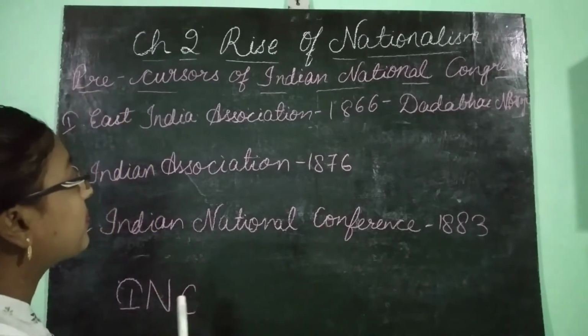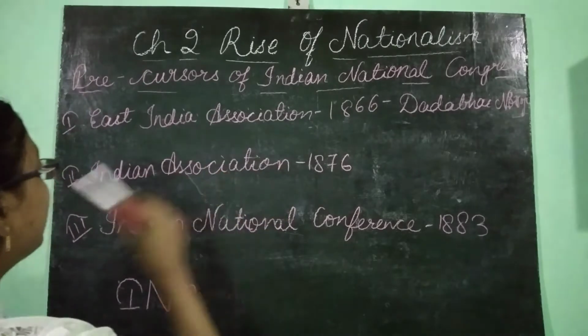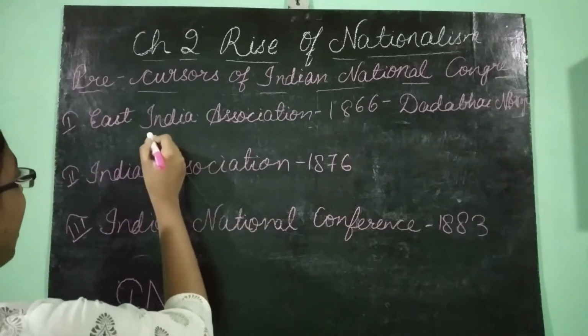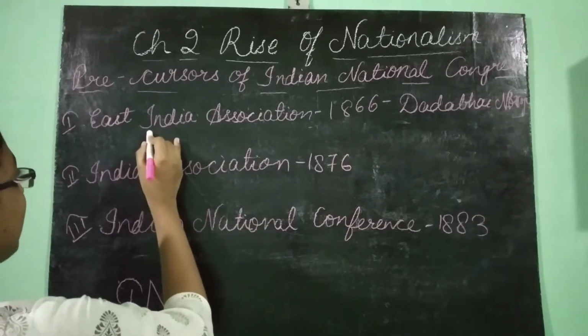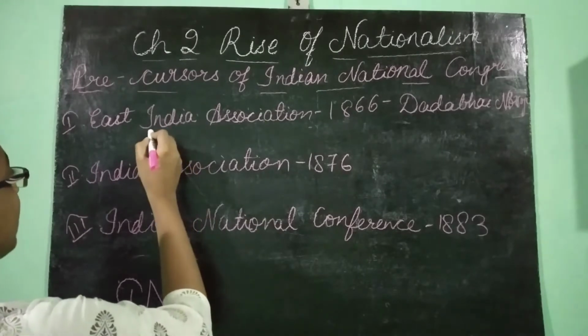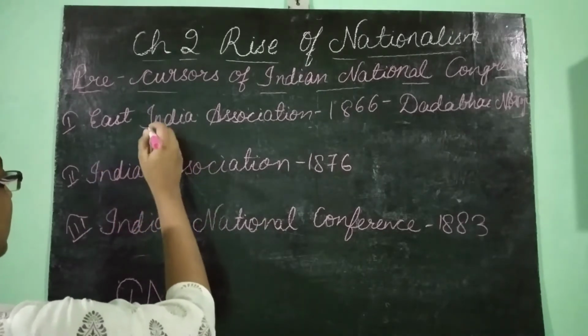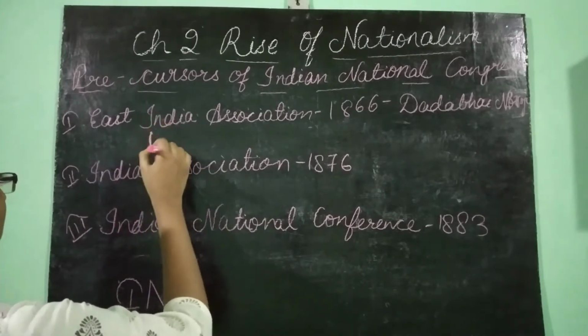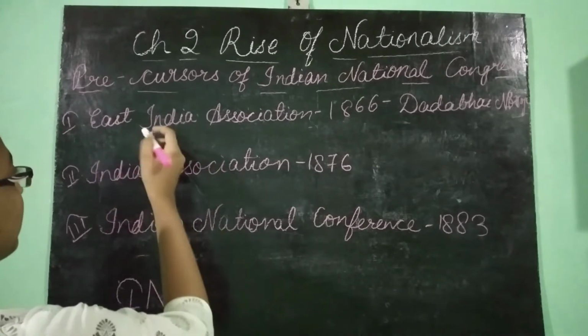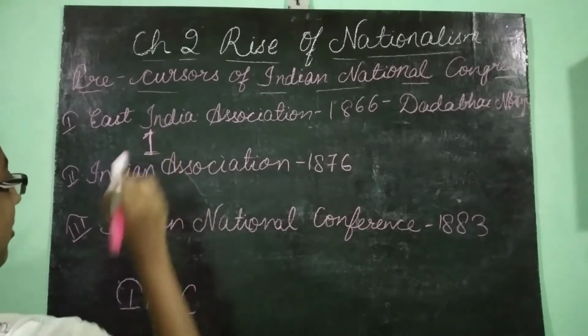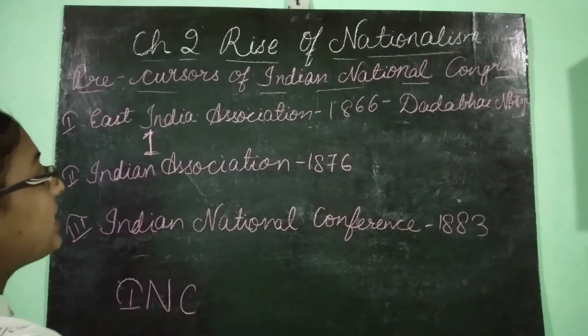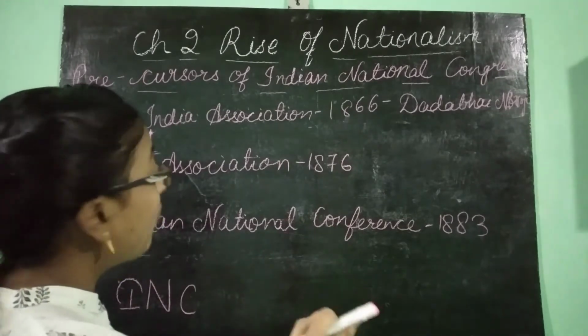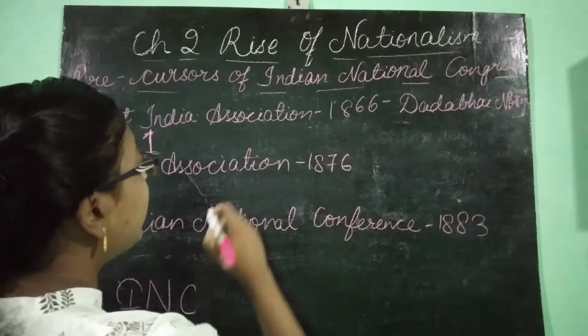See, East India Association, I. How do we normally write I? If we don't write in cursive, then it's something like this, isn't it? This much is enough. See, here we have 1. Now we have 1.8.